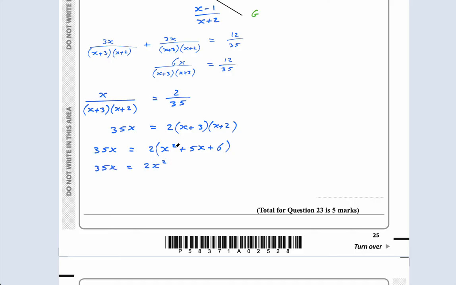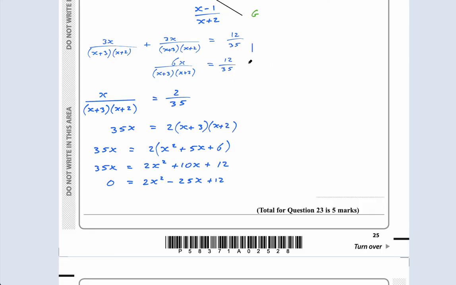Now I'm going to multiply by 2. 2x squared plus 10x plus 12. Nearly, guys, made a mistake. And then finally 2x squared minus 25x plus 12 equals 0. I've subtracted the 35x.